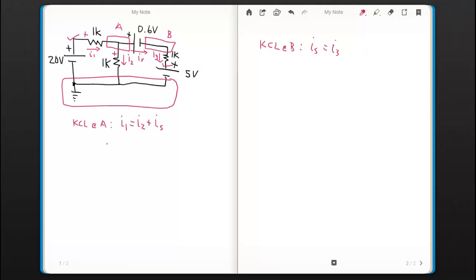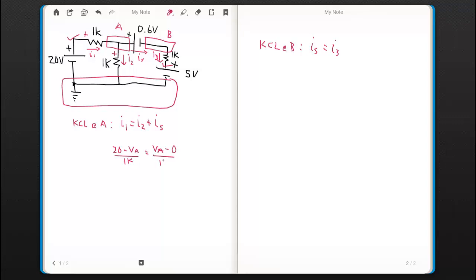Now I'm going to write these currents in terms of voltage using Ohm's law. For I1, it's just 20 minus VA over 1K. I2 is just VA minus 0 over 1K.